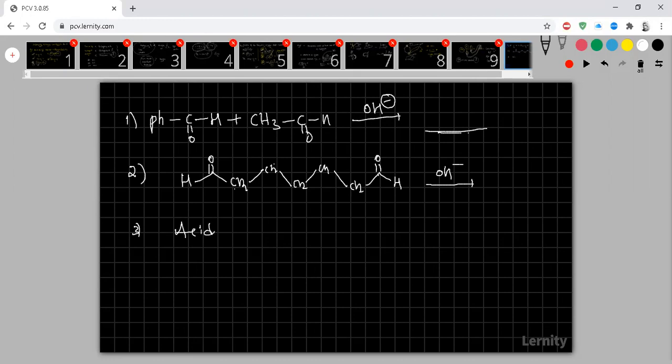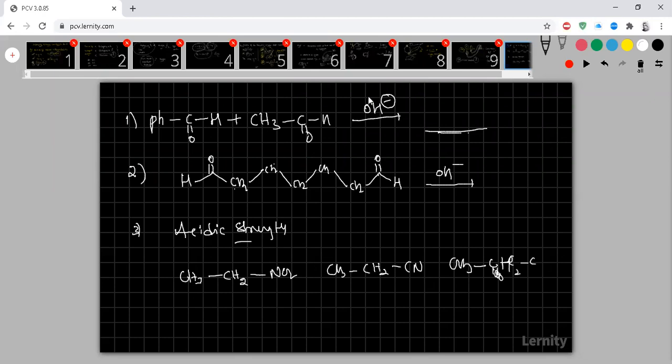And write the acidic strength of CH3 CH2 NO2, CH3 CH2 CN, and CH3 C double bond O CH2 C double bond O R. Write the acidic strength of these compounds.